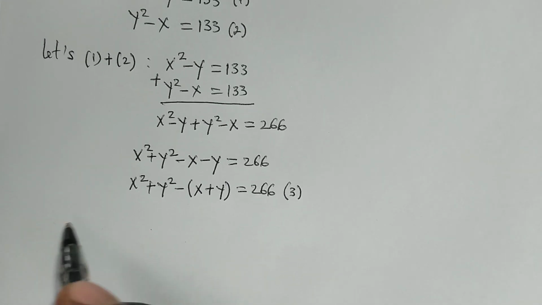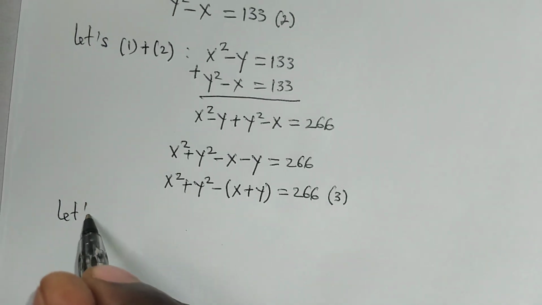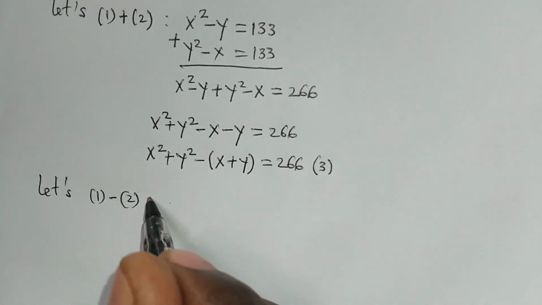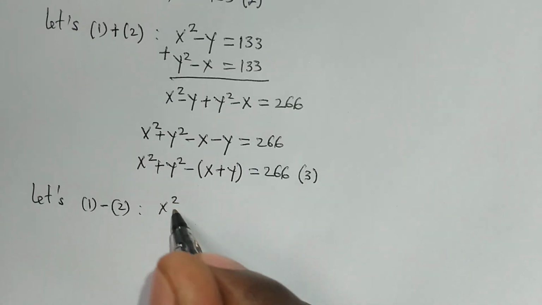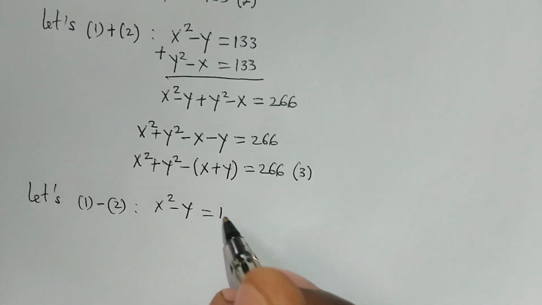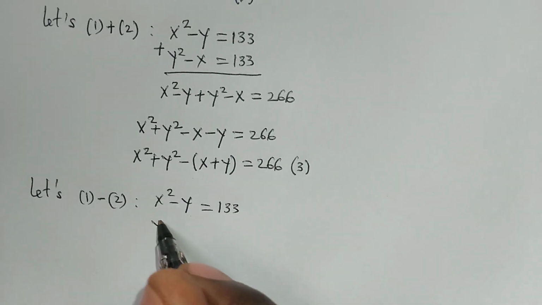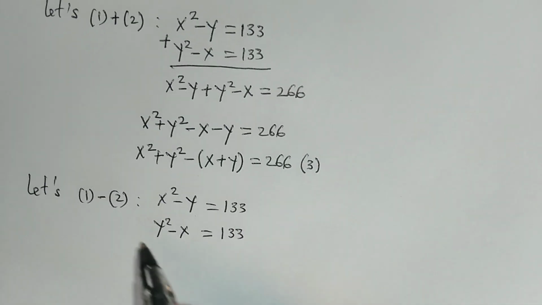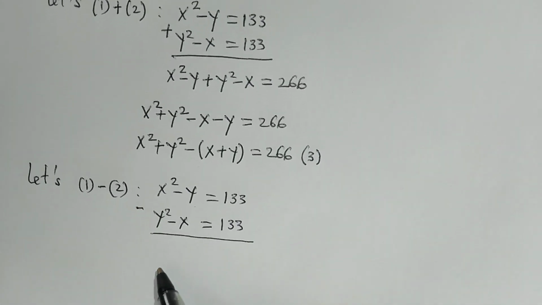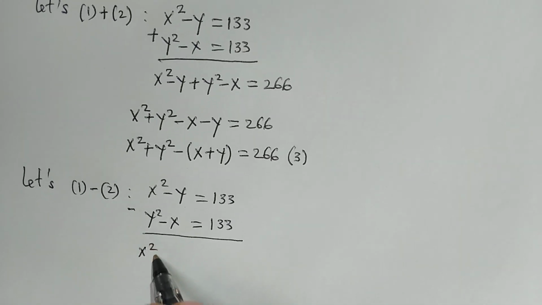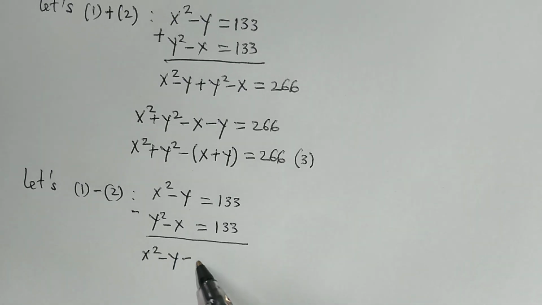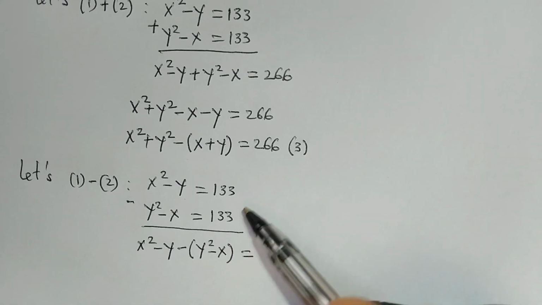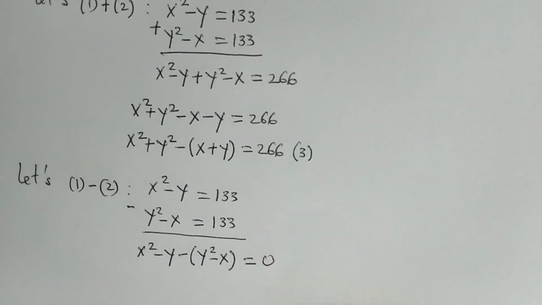So then let's take again equation 1 minus equation 2. x square minus y is equal to 133, y square minus x equal to 133, minus this, equal to x square minus y minus y square minus x, which is equal to this one minus this one equal to 0.